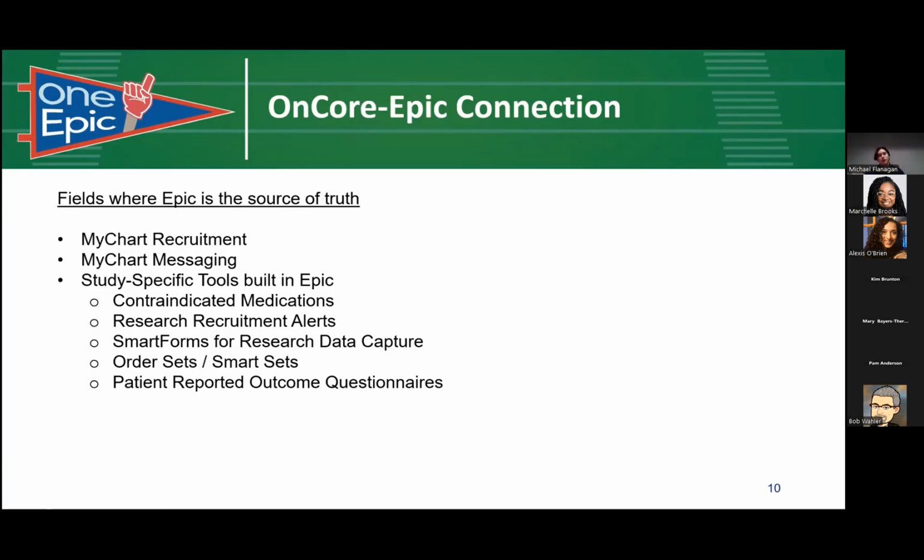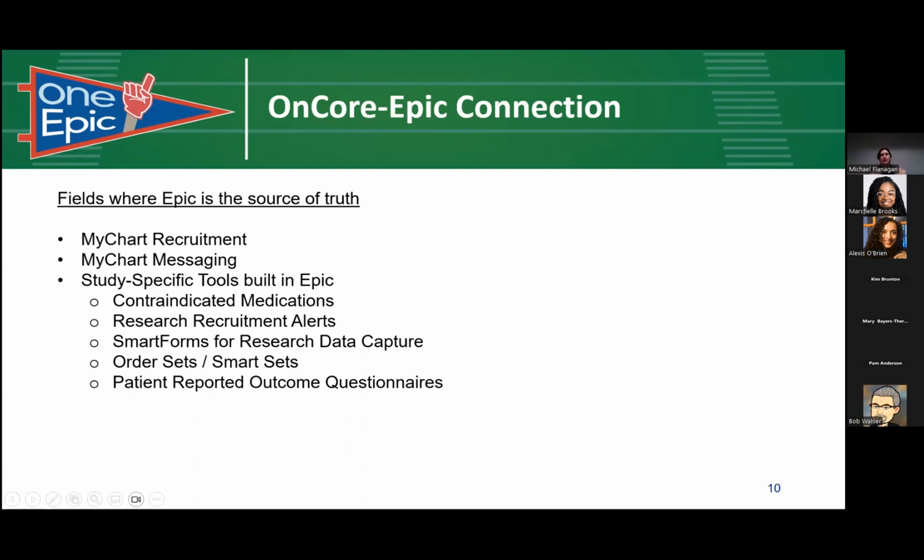Any other questions? Oh, and there was a question in the chat around whether we'll still be using Patient IQ for patient-reported outcome measures. So that's what we'll be talking about here in just a second, around what tools are available in Epic. The idea is not that you need to change your current state from what you're doing today to Epic.